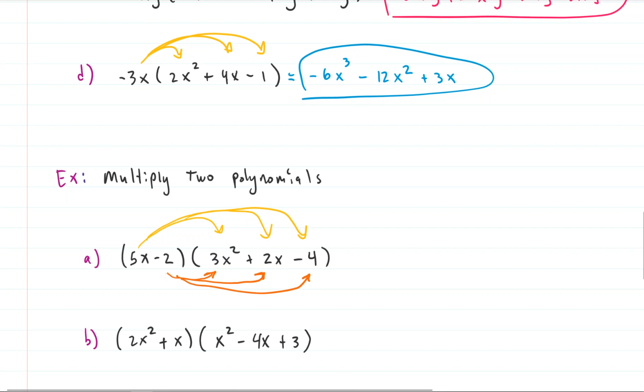It's just before we just had one term we were multiplying through, but now we've got two terms. We multiply them both through separately, and then we just collect the terms. We just combine like terms and we're done. That's it. Not a problem at all. So let's try.